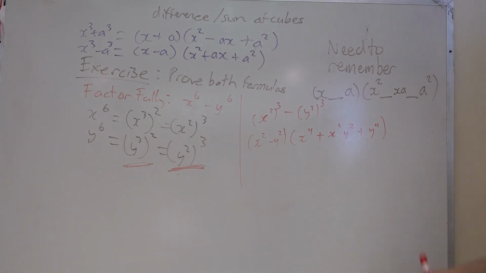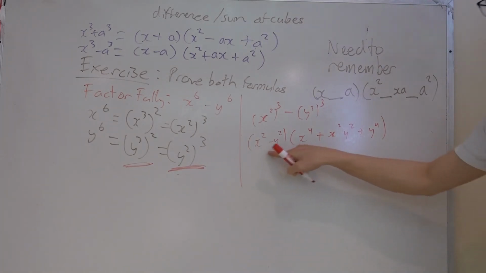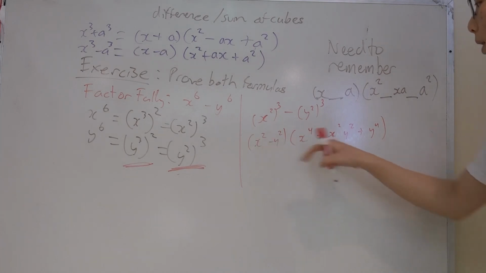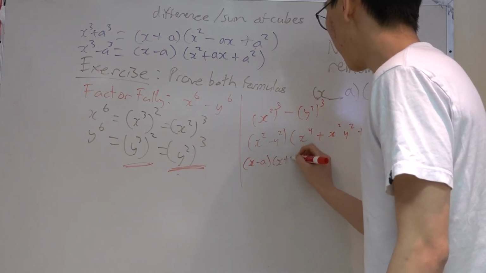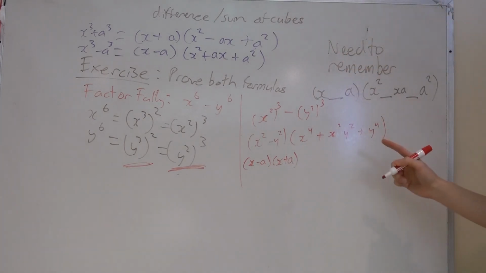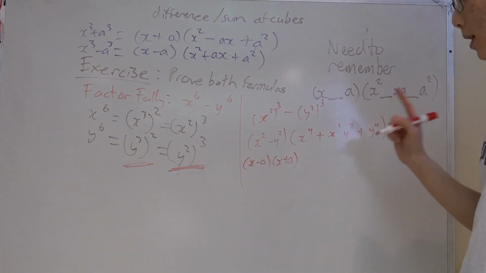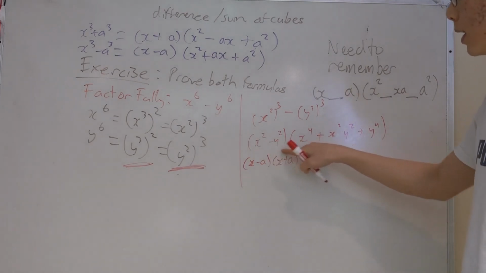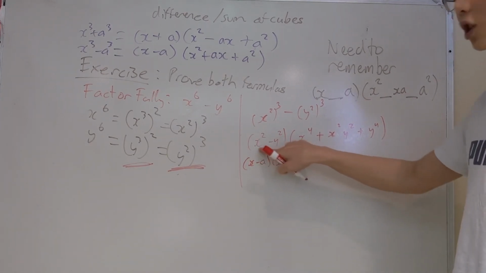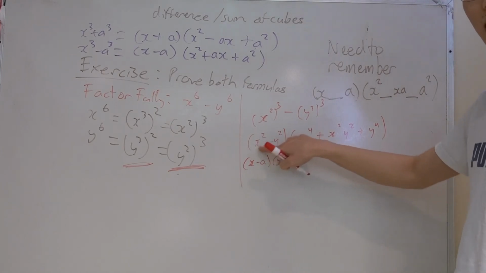Okay? Now, the first thing that pops out to me is that this is a difference of squares. So let's go and expand that right away. This is x minus a, x plus a. If you didn't catch that immediately, you should really take this as a lesson, an opportunity to reinforce that this is the most devious trick that can come up in these factoring questions.